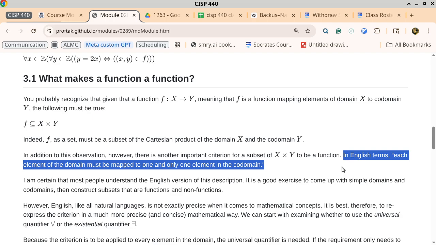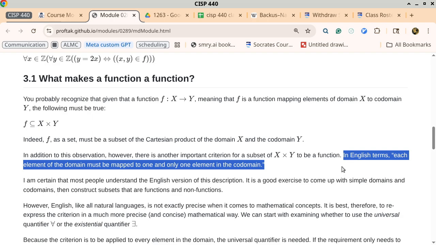It does not suggest uniqueness. So that means we have true, which means the requirement of mapping to one and only one element in Y is true for all elements of X. So now we can make a conclusion and say that F being a function from X to Y is true in this case.